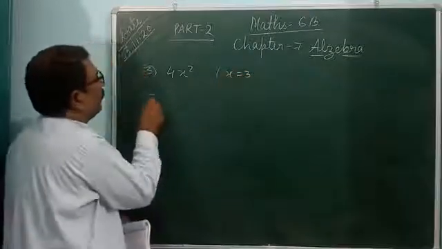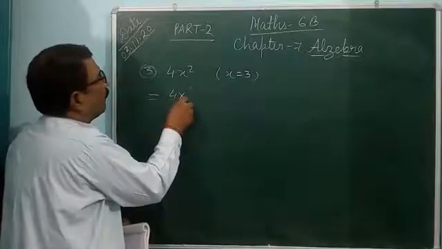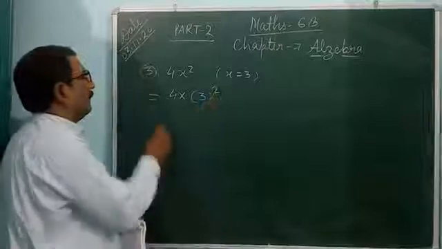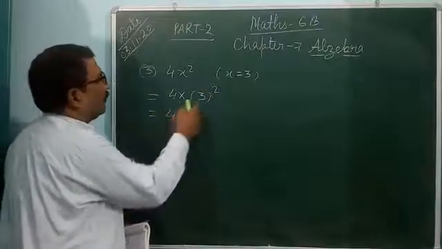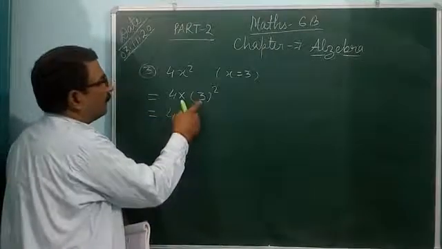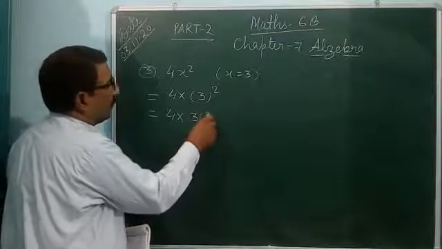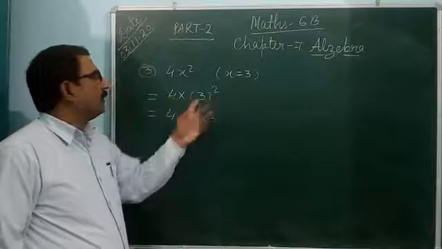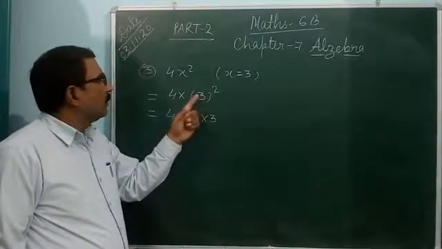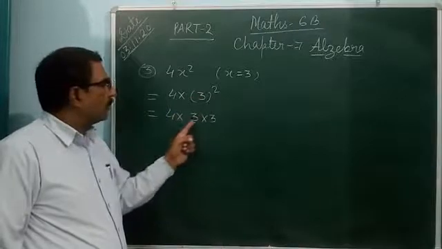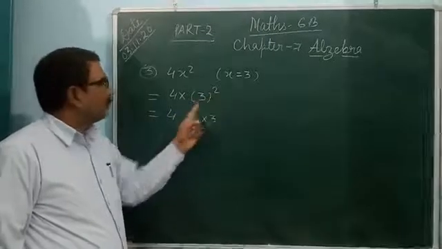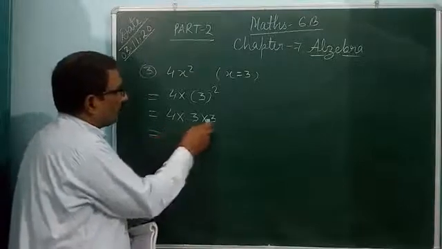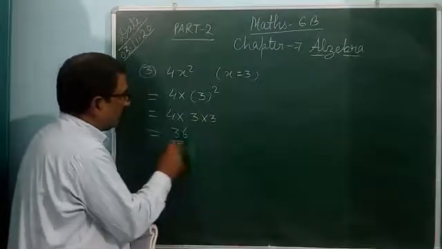How can you do it? 4x square means 4 multiplied by the value of x, which is 3, so 3 square. It means 4 multiplied by 3 square, and 3 square means you multiply 3 two times, that is 3 into 3. Don't multiply 3 into 2. No. 3 square, or 3 to the power 2, means you multiply 3 by itself 2 times. After that, 4 times 3 is 12, 12 times 3 is 36. 36 is the answer.